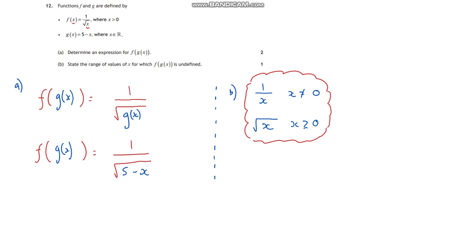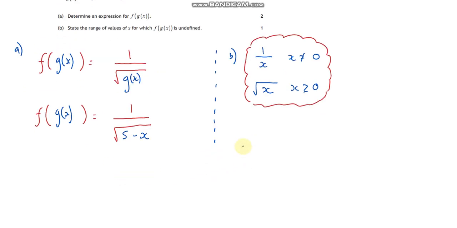So what have we got then? We've got a square root and a 1 over. Okay, so if I've got 1 over the square root of 5 take away x, this section here, it can't equal 0, can it? Yeah, so the square root of 5 take away x cannot equal 0.